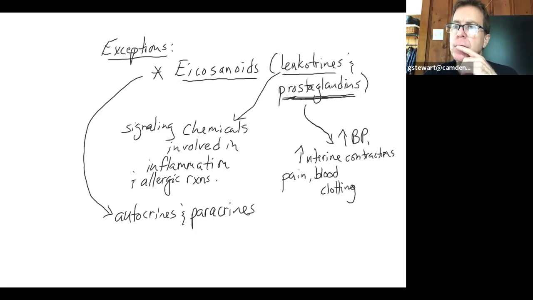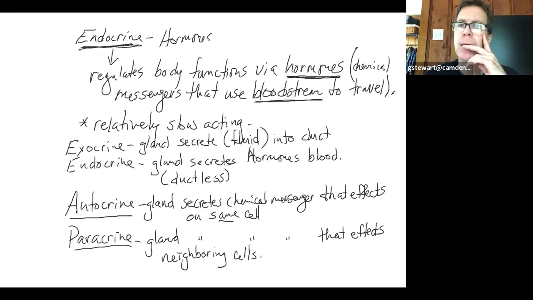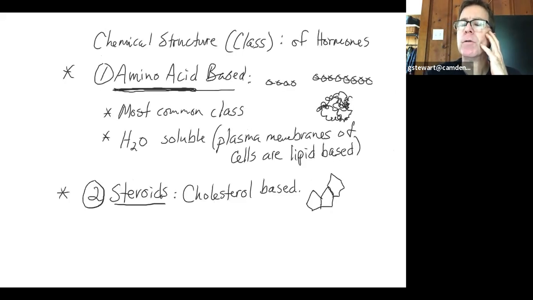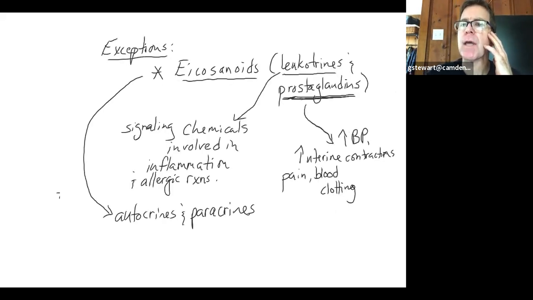So I've just started to touch on the endocrine system, what it does, how it's defined, and then we went through the two classes of hormones, amino acid based versus steroids. Then I talked a little bit about exceptions to that rule, which are eicosanoids, particularly leukotrienes and prostaglandins, and therefore I'm not going to talk about these anymore after today.